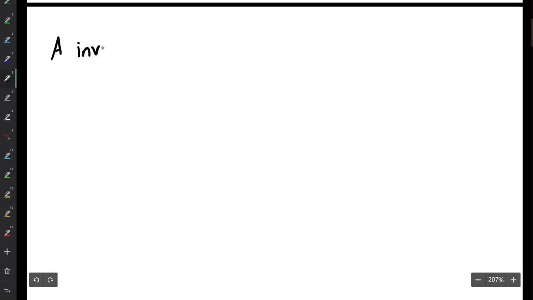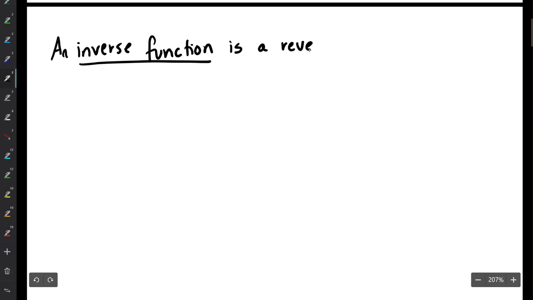An inverse function is a reverse mapping. What do I mean by that?